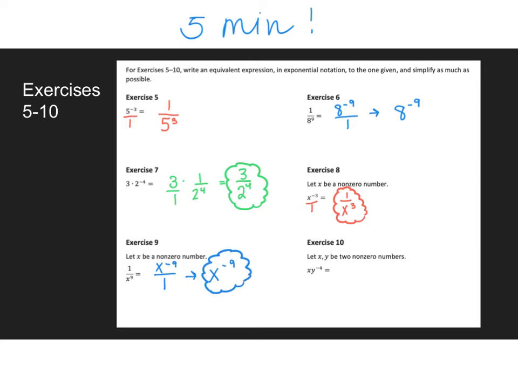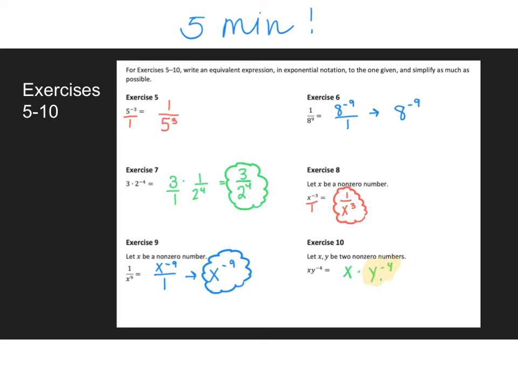Okay. And then lastly, exercise 10, let x, y be two non-zero numbers. So the first thing I want you to notice is that x and y are different. The negative 4 is only attached to my y. Okay, so the x stays the same. So the first thing I'm going to do is change my y to the negative 4th to have a positive exponent.